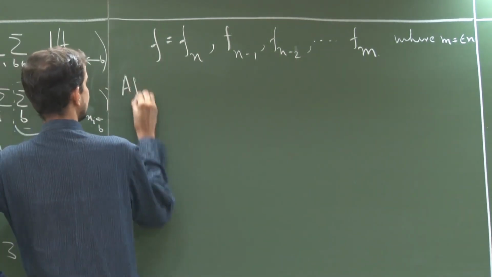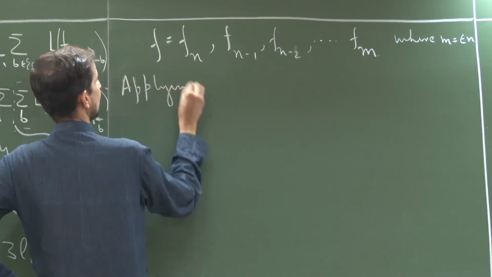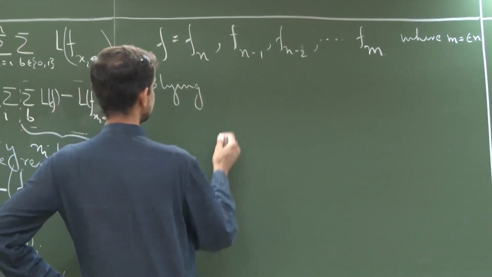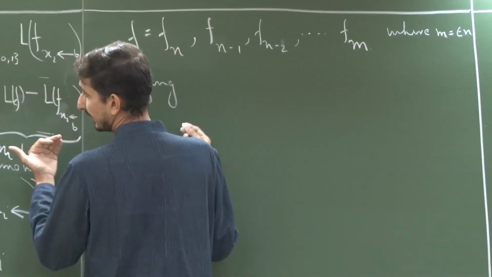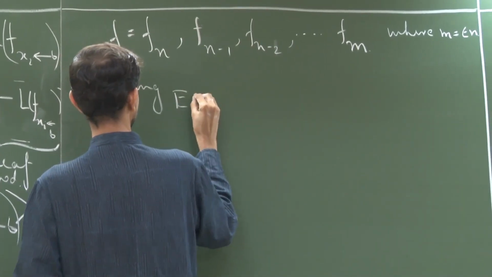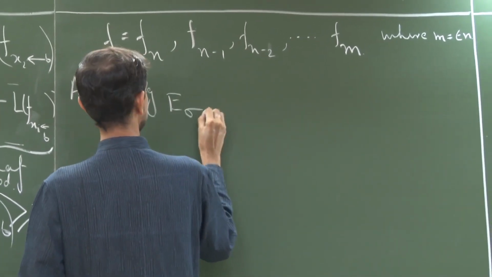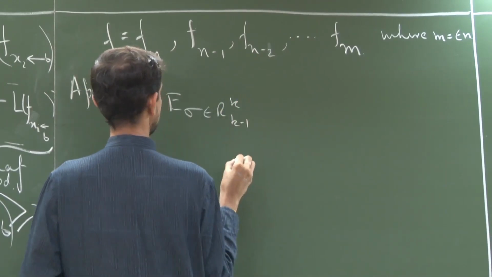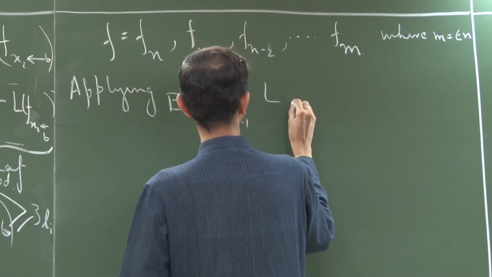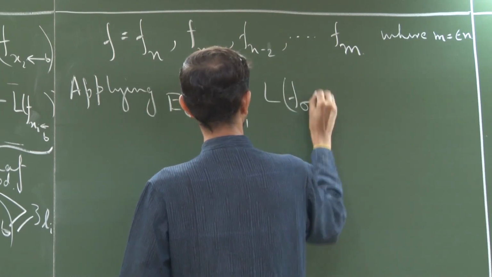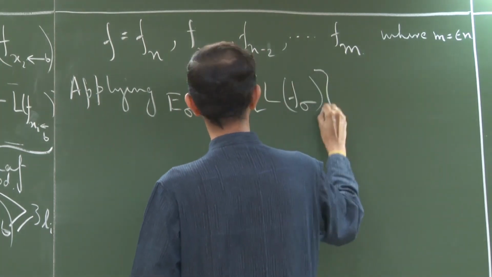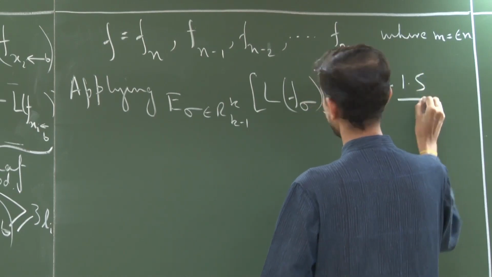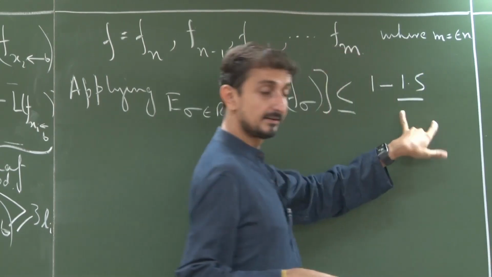So, now what I can do is apply lemma 1 iteratively, and if I apply lemma 1 iteratively, at some intermediate levels I will get something like this: the expectation over sigma in R k minus 1 of L of f sigma is at most 1 minus 1.5 divided by what would be the denominator.